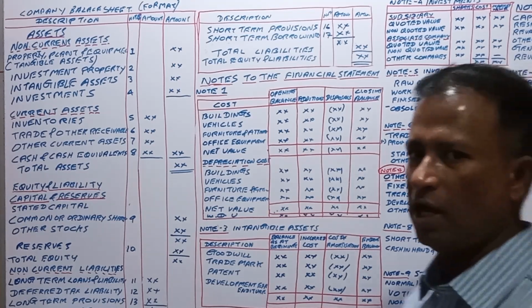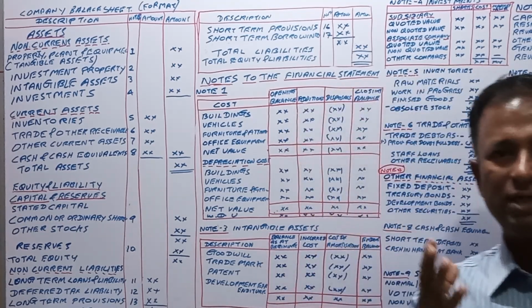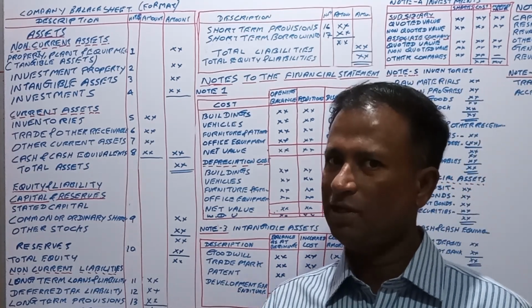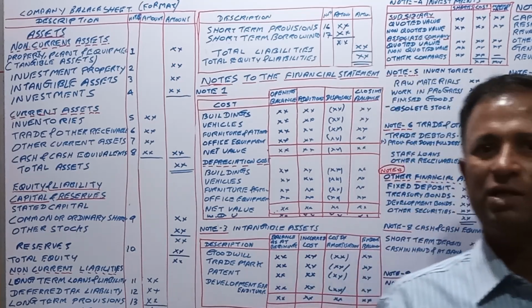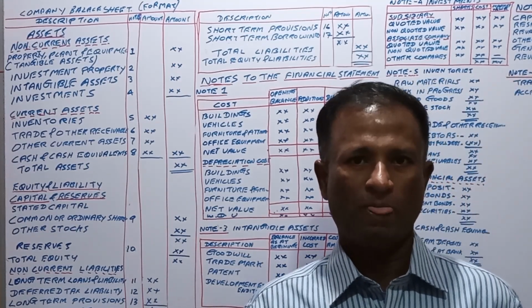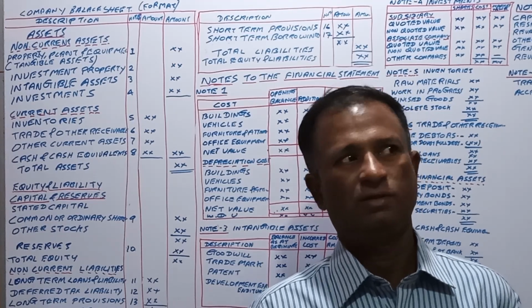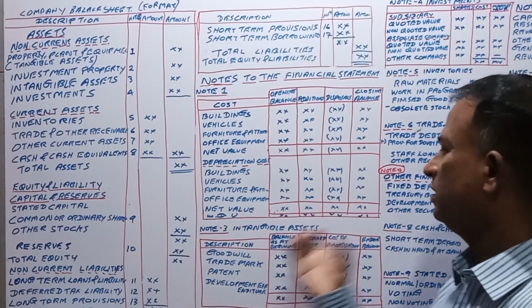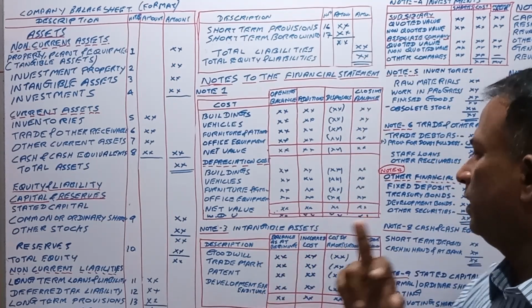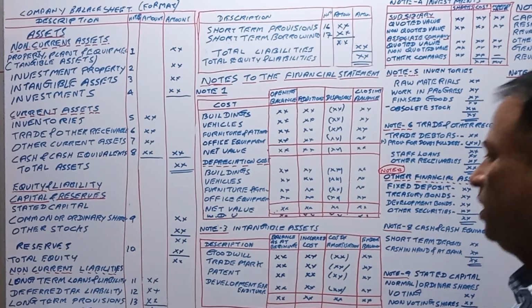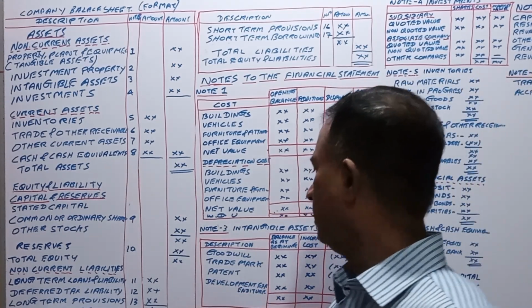Intangible assets, do you have any idea of intangible assets? Because we have seen one of the intangible assets during the partnership accounts. Can you remember that? That is goodwill. Goodwill is an intangible asset, right? And second one is trademark. Trademark also is an intangible asset, right?